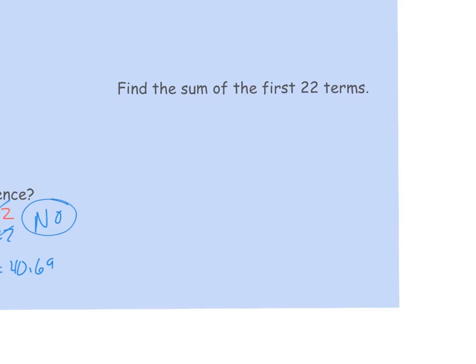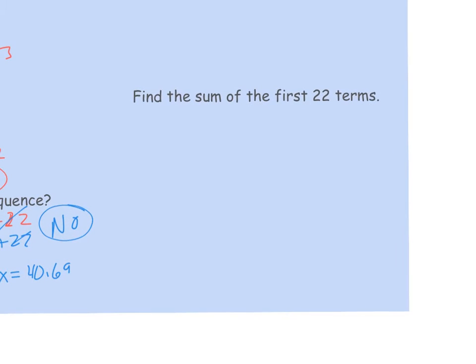It says find the sum of the first 22 terms. Okay, so this is our series formula. When we add up all the terms, that's S sub n. That means we're doing a sum: n over 2 times a sub 1 plus a sub n. a sub 1 is my first term, a sub n is my last term, and n is just the number of terms.